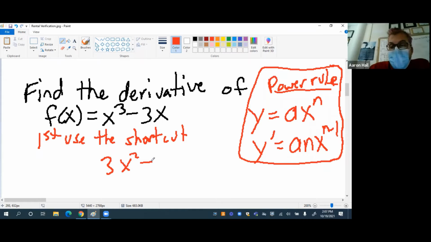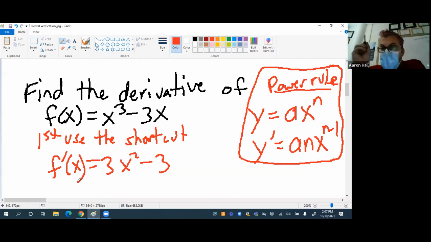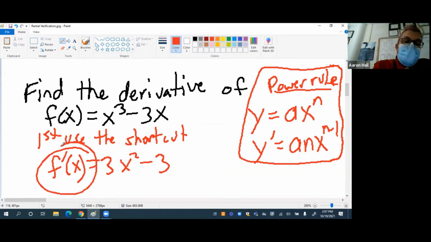So if I have 3x to the power of 1, and we follow this rule, yeah, it just gives me 3. So I get 3. All right, that is my derivative. So I'm using this notation of f prime of x. It's an apostrophe. So I have f apostrophe in parentheses x, which represents the derivative of f of x.